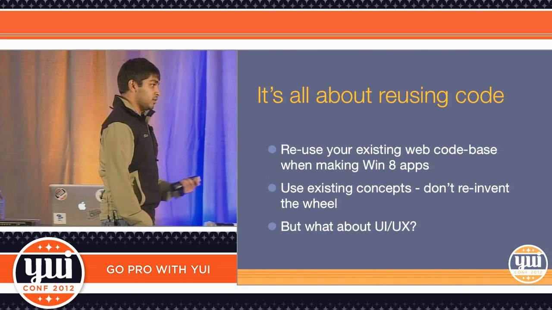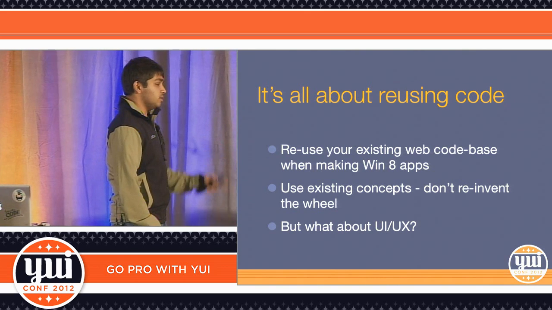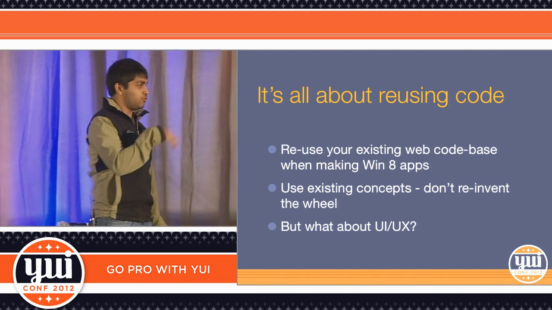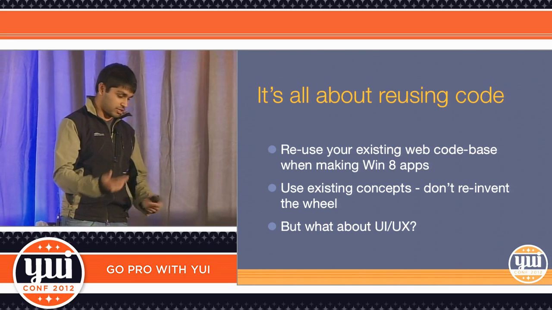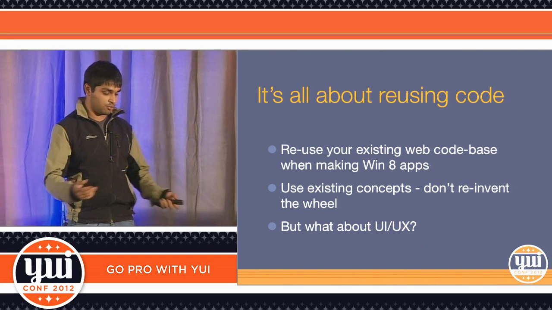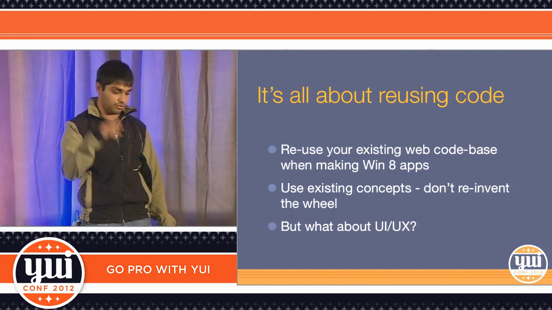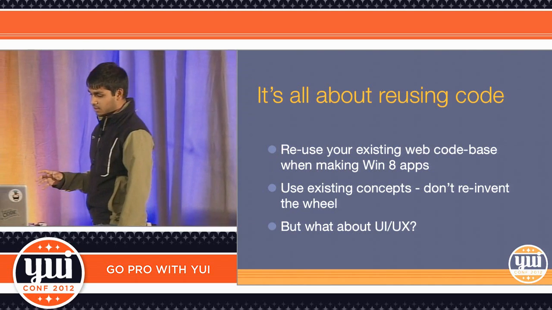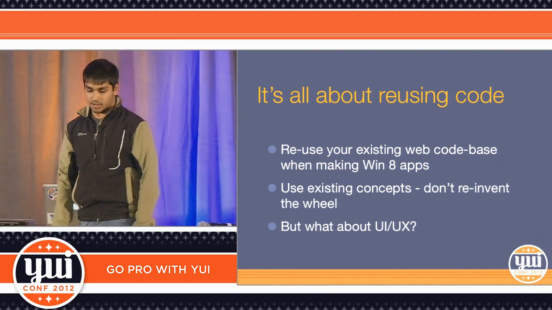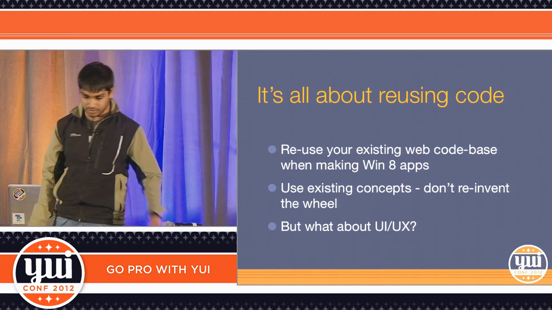And we can use a lot of existing concepts that we use on the web instead of reinventing the wheel. By this, I mean when you traditionally launch a new app in WinJS, just as you would expect from Microsoft, you get a ton of proprietary CSS, which makes no sense. I had to go through and clean up all the CSS and replace it with nice semantic CSS and CSS3 stuff, which works in both environments instead of working just in the Microsoft WinJS environment.